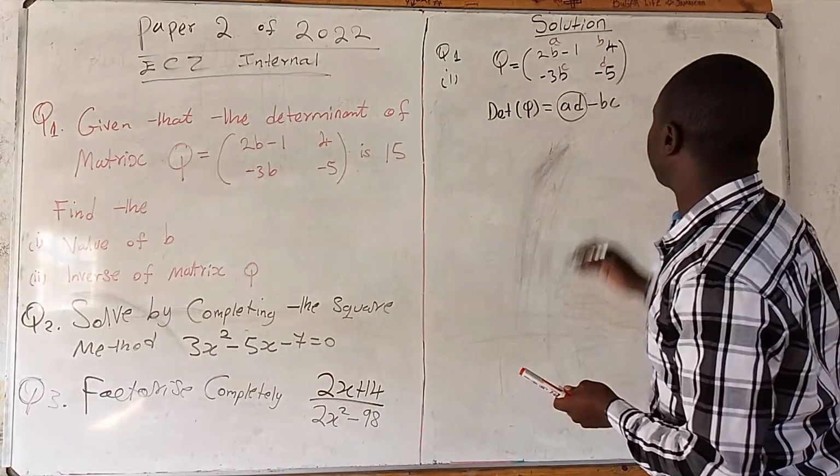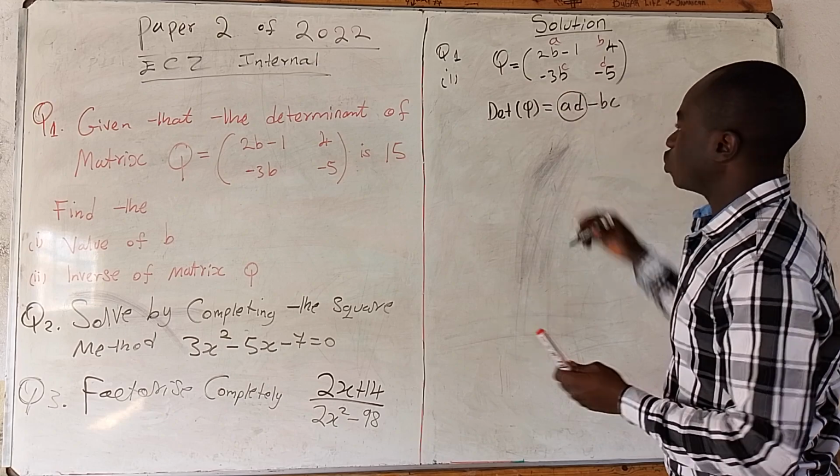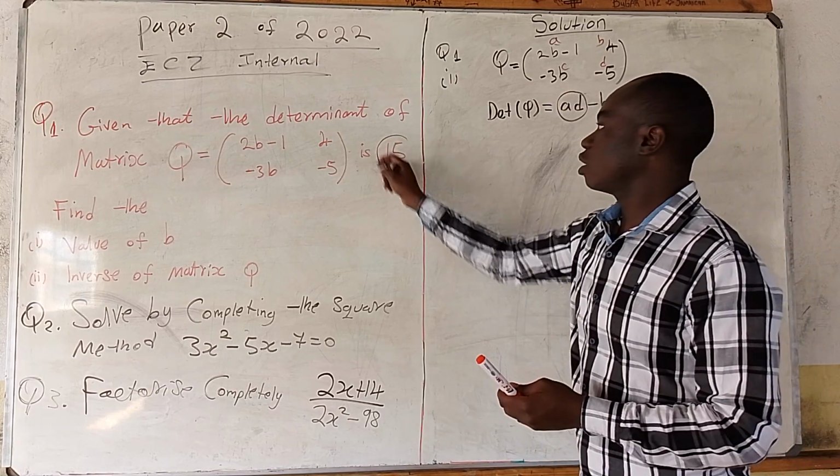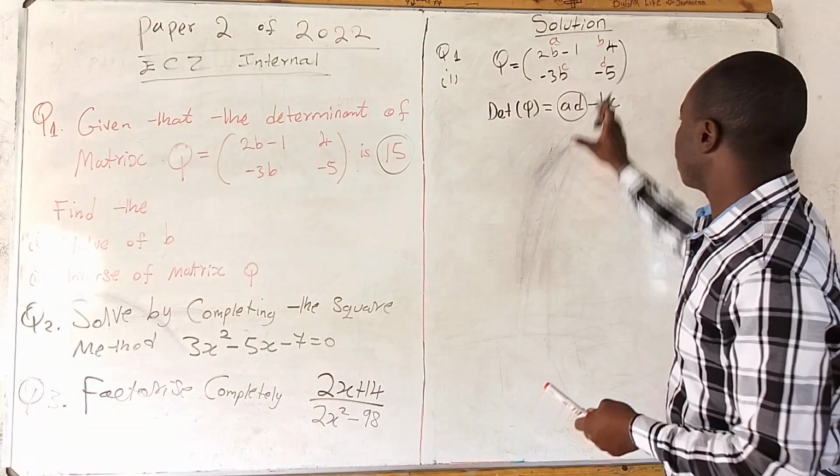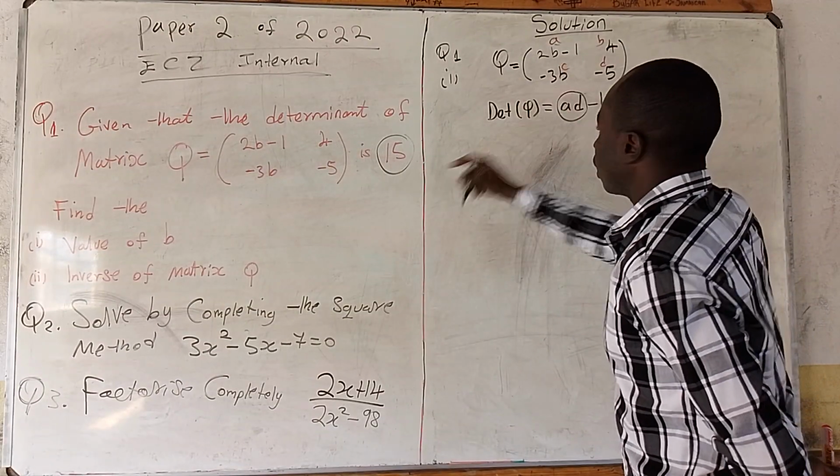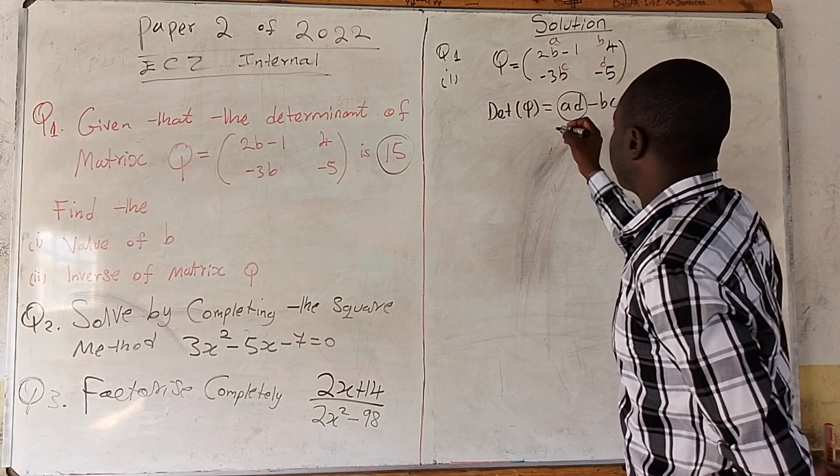So let's do that. Now remember, the determinant of this matrix is given to be 15.